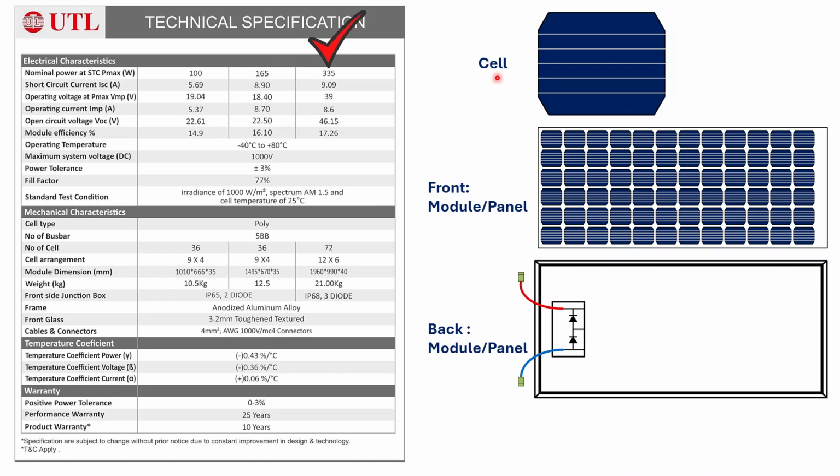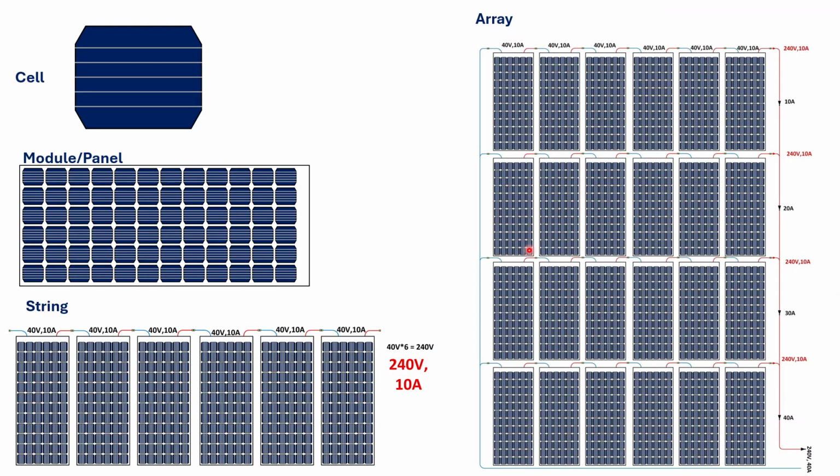Considering some additional features, this is the basic unit called a cell. Now these cells are joined in series to form a solar module. Then these solar modules are connected in series to form a string. As we told, this was for 1000 volts maximum.